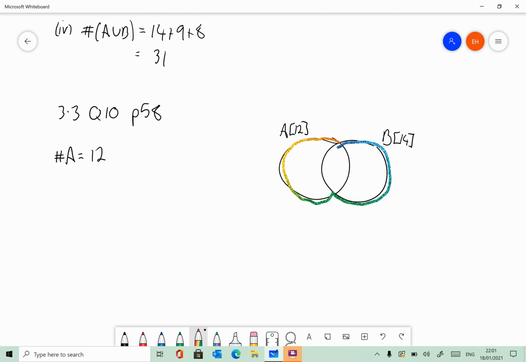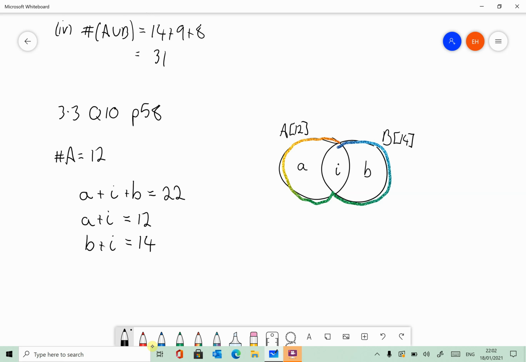Now, that means that if I add A, B and I, the intersection, together, A plus I plus B, the answer would be 22. But if I add up A plus I, the answer is 12. And if I add B plus I, the answer is 14.